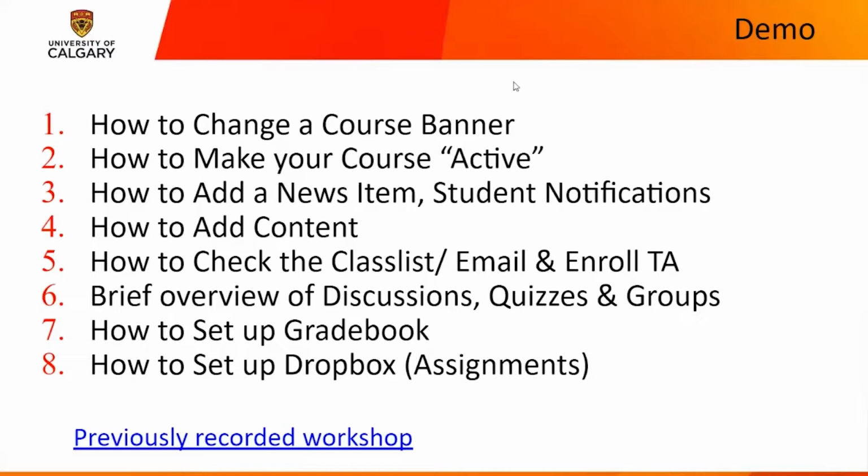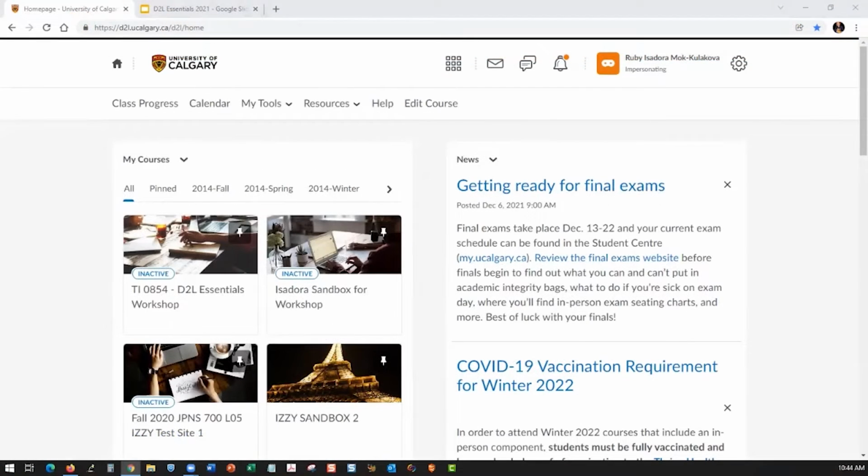But yeah, these are the things that we're going to talk about today, the common, frequently used tools. We have a previously recorded workshop, but it might be outdated. So I'll probably be using today's recording going forward. I'm just going to quickly talk about the login. I'm assuming that all of you have IT accounts or UCalgary email addresses.